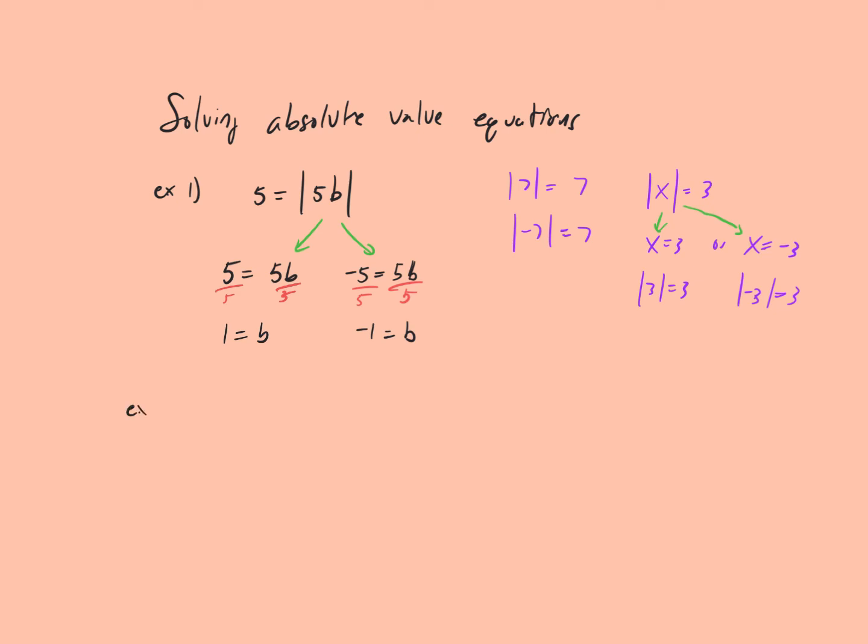So example 2, we have something like the absolute value of x plus 7, plus 5 equals 22.